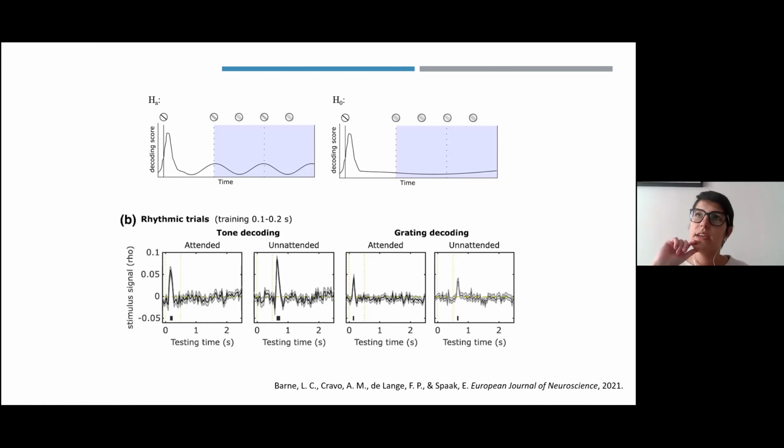And one thing that we thought afterwards, after doing the analysis, is maybe temporal expectations are not focusing on specific populations related to the orientation or tone coding, but it's more a broad generalized activity in the auditory cortex and the visual cortex.